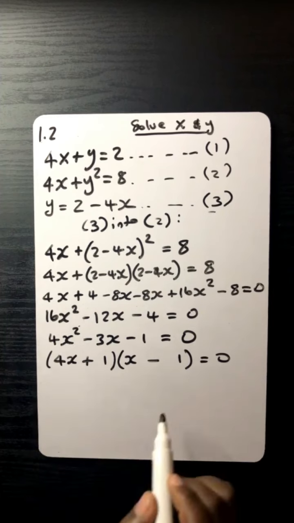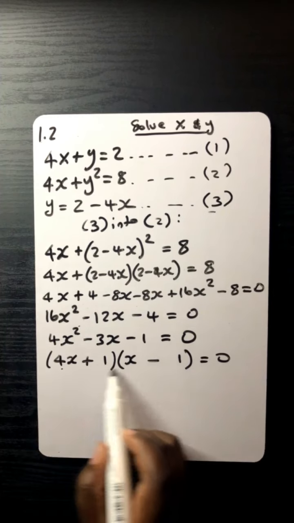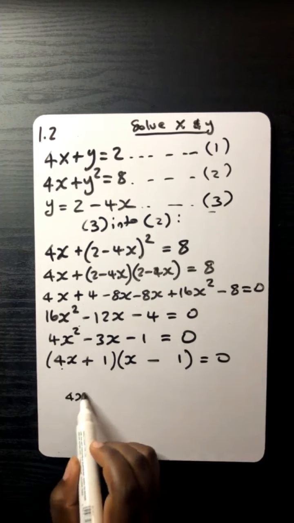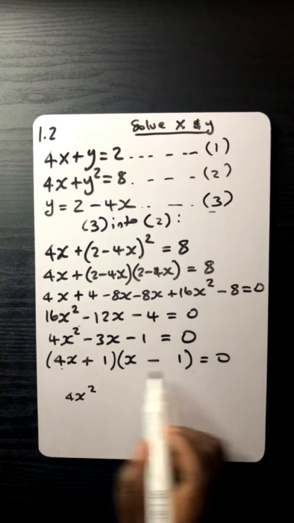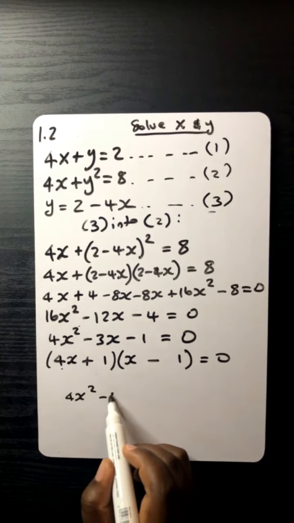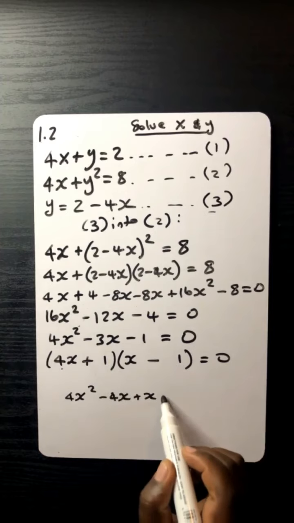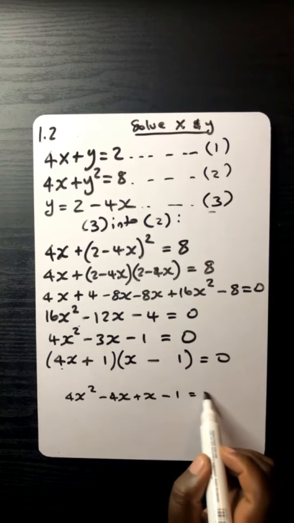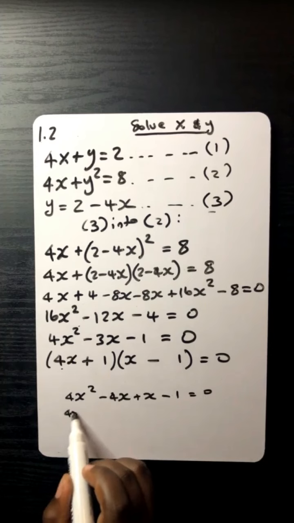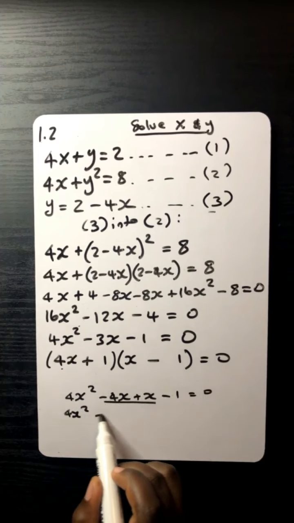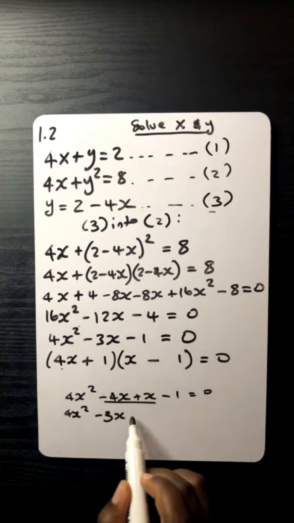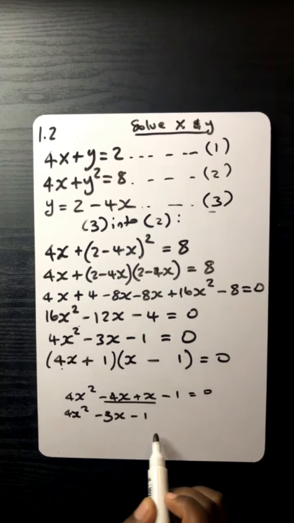So let me quickly test it. This times that is 4x squared. This times that is minus 4x. This times that is positive x. This times that is minus 1, which equals 0. So the whole of this gives me 4x squared minus 3x minus 1 equals 0.